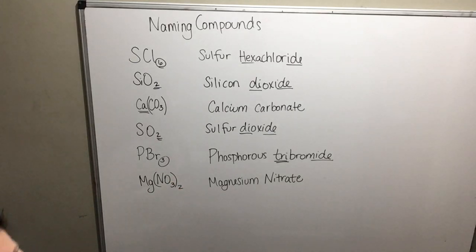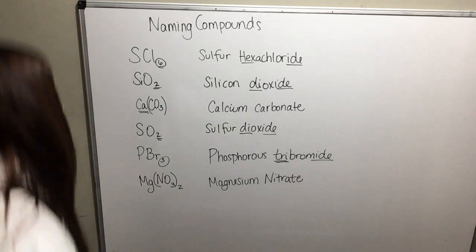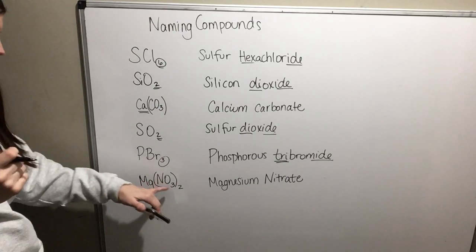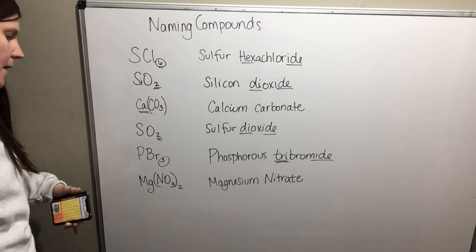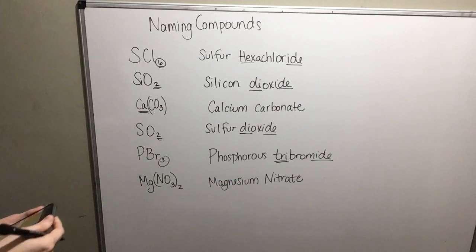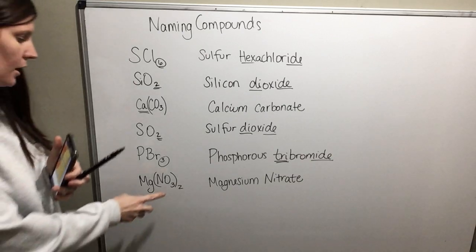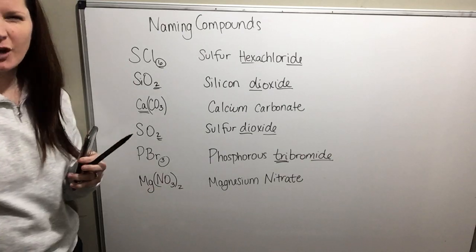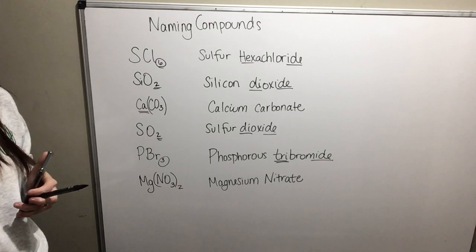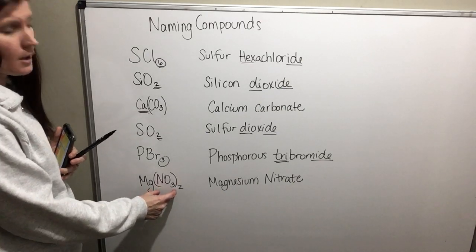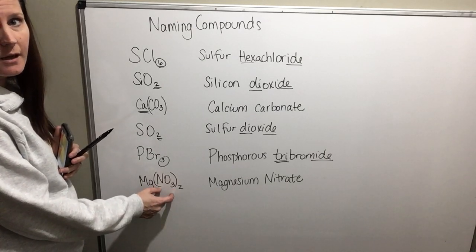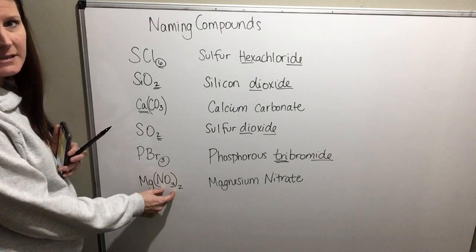So if you did NO2, it would have been nitrite. So I think I need to go back and double check that. But magnesium nitrate should be your answer. If you happen to go look up NO2, that would have been nitrite, magnesium nitrite. I didn't teach you that. So again, you want to look in your polyatomic ions, memorize those. NO3 is nitrate.